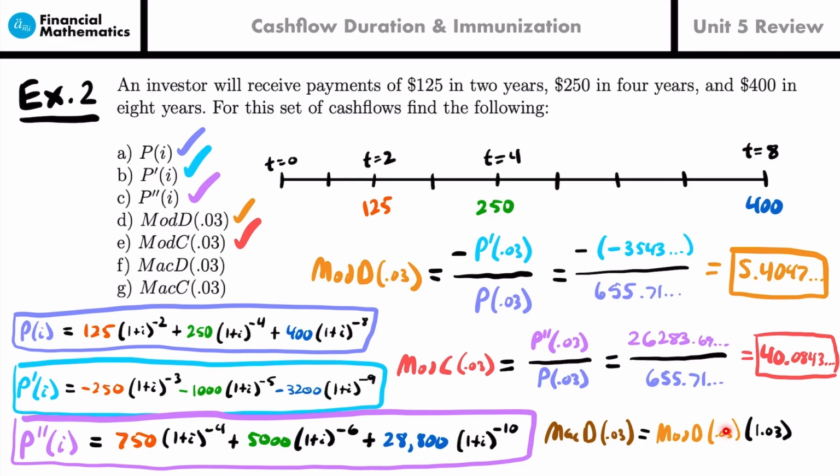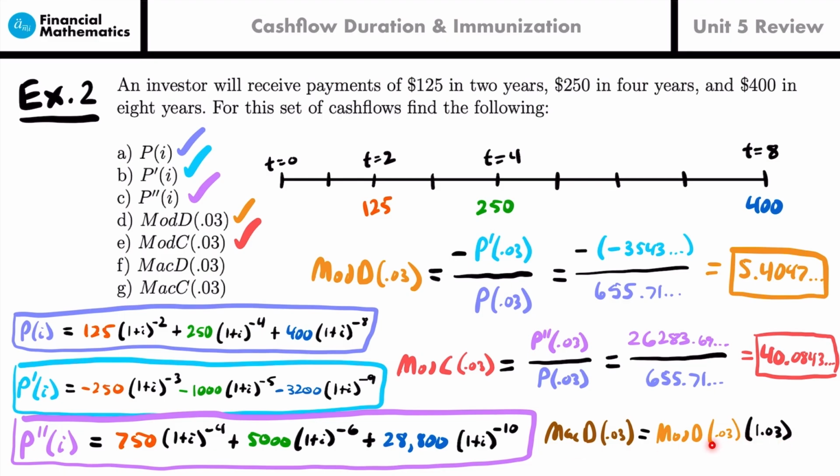So we're doing the opposite conversion of what we did in example 1. Remember that we found a modified duration from a Macaulay duration. In this case, we're finding a Macaulay duration from a modified duration. So the conversion is the opposite of what we did last time. We're not using a present value factor, we're using an accumulation factor.